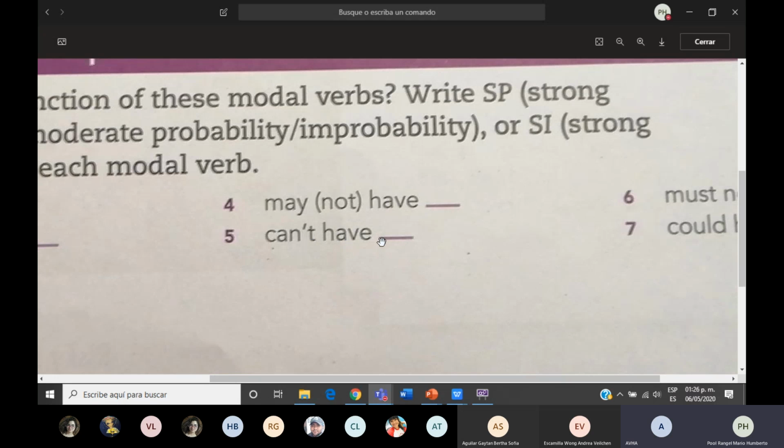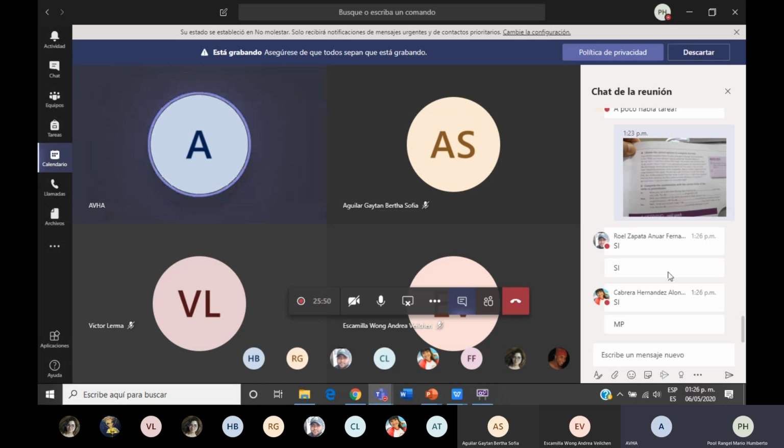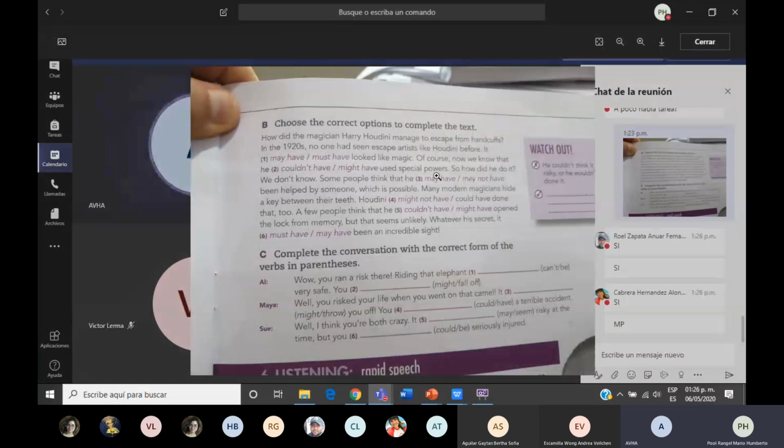Can't have. Strong improbability. Strong, muy bien. Must not have. Strong improbability. And could have. Moderate probability. All right, we have it. That was just a piece of cake.